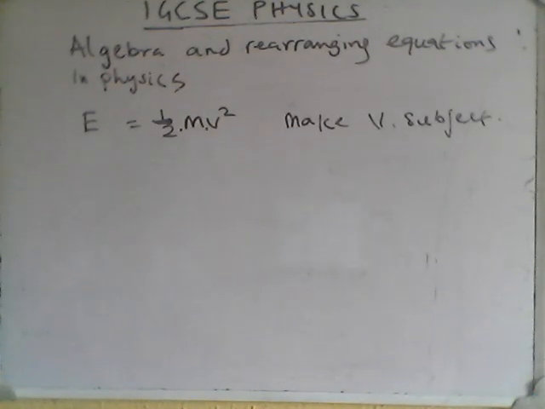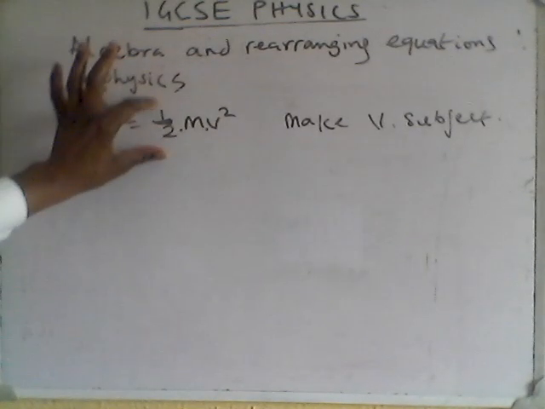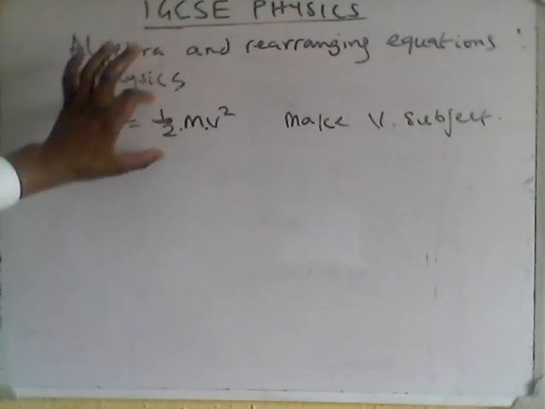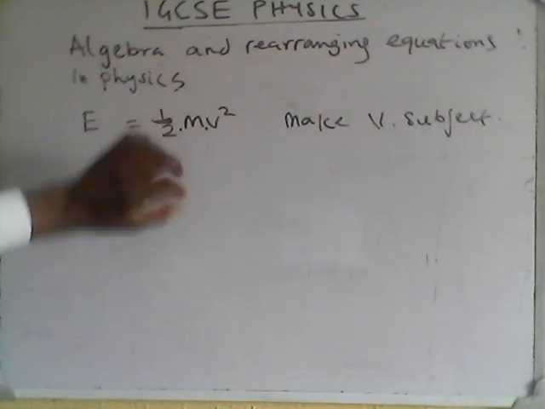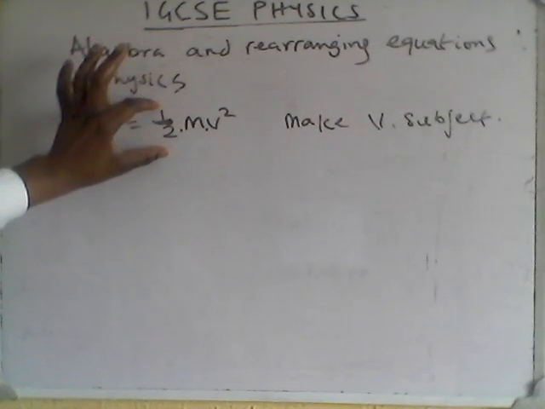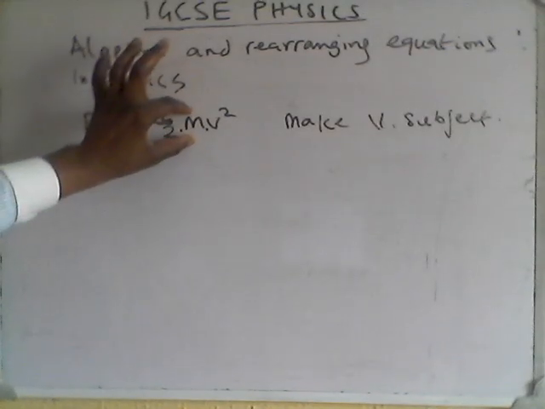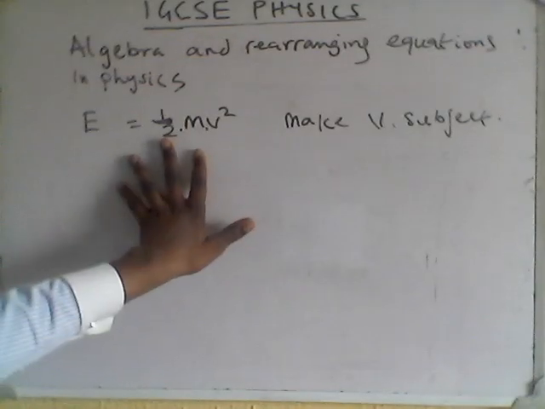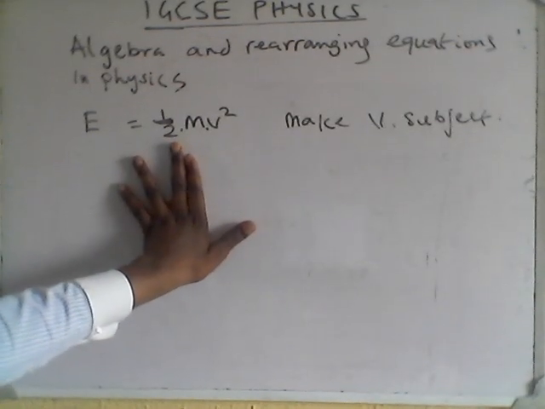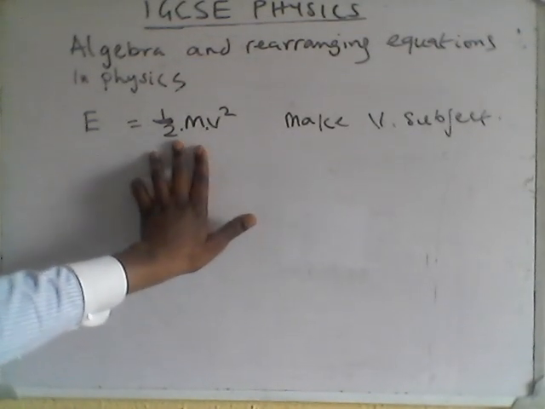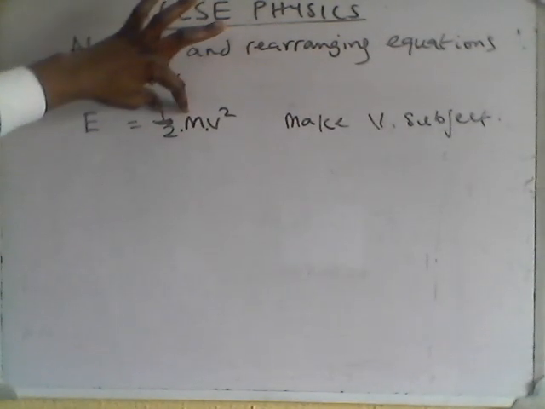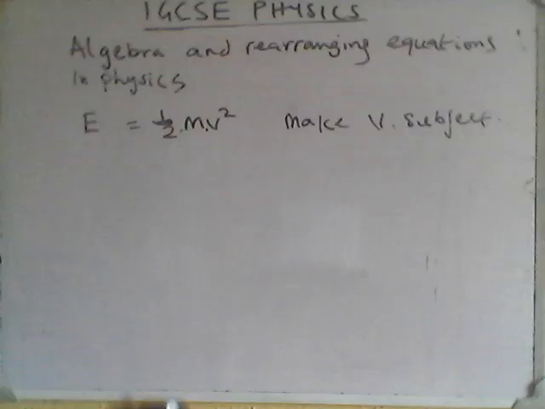If I want to remove half, I will take this one now as an entity, though in real sense it is 1 divided by 2, that's what this one means, but I will take this one as an entity. So if I want to remove this and this, first of all, because the two of them are multiplication, I will divide both sides by this quantity. You understand? Because what is binding them here now is multiplication. I told you, use the inverse of the operation.